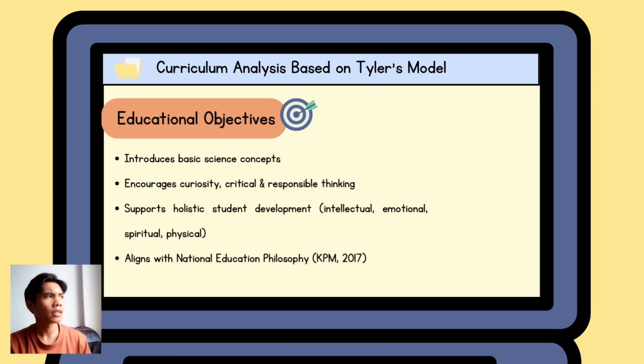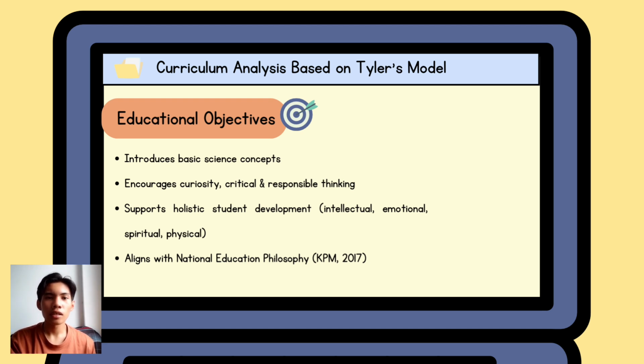First, educational objective. The Science Form 2 curriculum aims to introduce students to basic scientific concepts while nurturing important values such as curiosity, critical thinking, and responsibility. These objectives are aligned with the national education philosophy, which emphasizes the development of students intellectually, emotionally, spiritually, and physically.